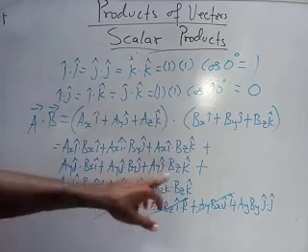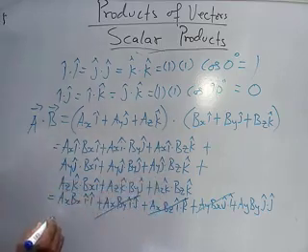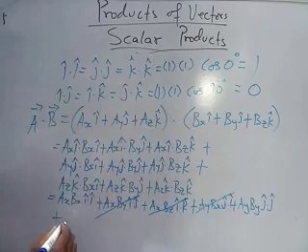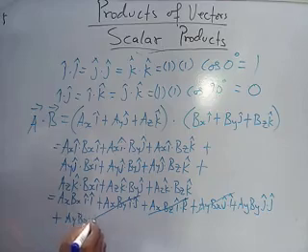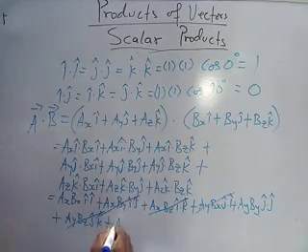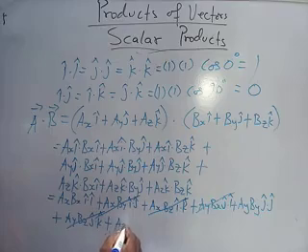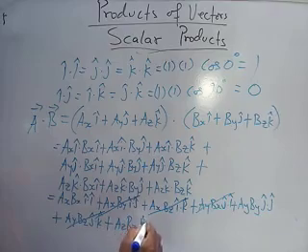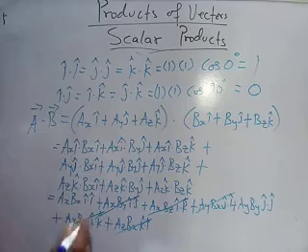Then this next, plus AY BZ J dot K. This will give us 0. Come down here. I need to be careful. AZ BX K dot I. K dot I is 0.